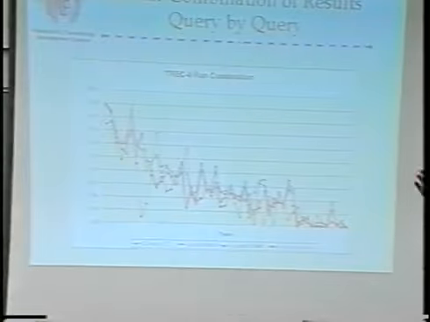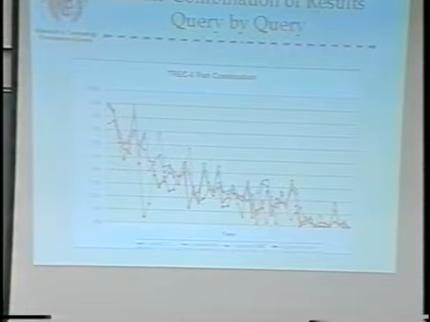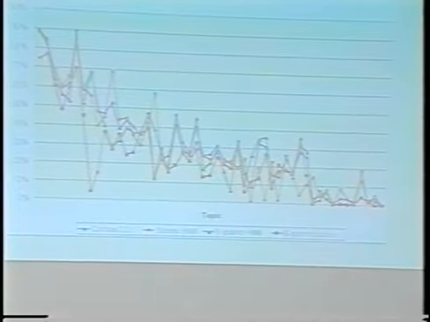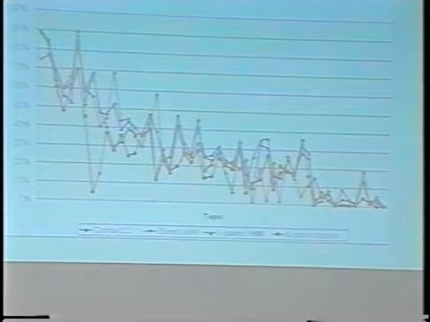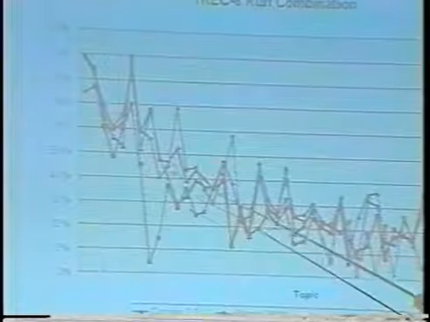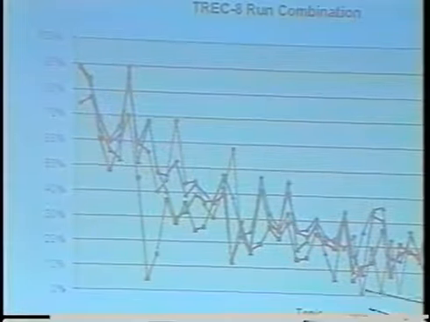This graph shows what's actually happening underneath that previous graph. All the precision recall graphs you've seen so far are averages over all 50 queries in the TREC test. This shows a query-by-query analysis of how the combination works. So this should probably be a bar graph, but it didn't fit.